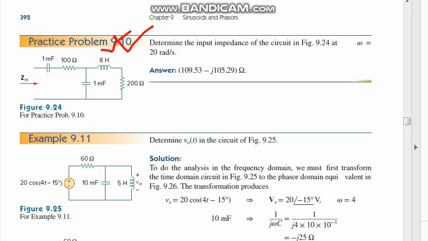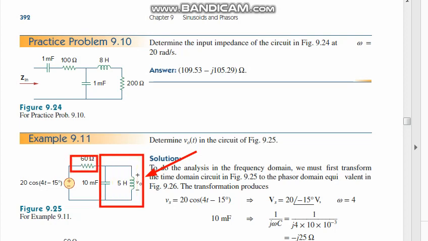as I have shown you before how to calculate these equations. After that, there is another problem. The problem is that you have to find out the V naught. First of all, in this solution you have to find out the impedance of this branch and these two branches.